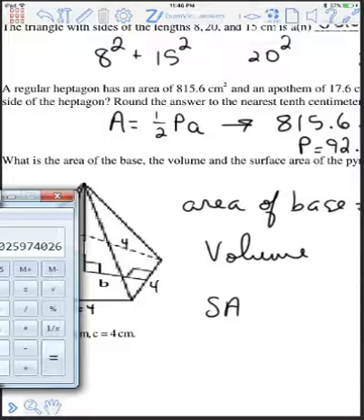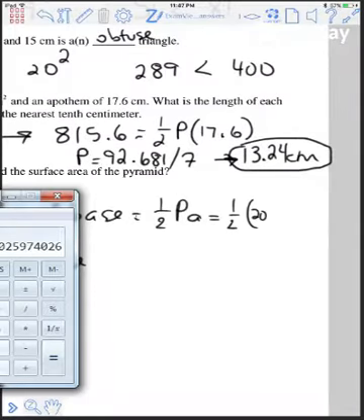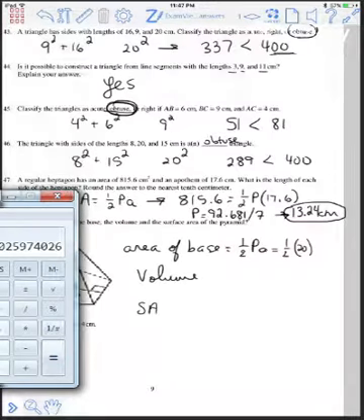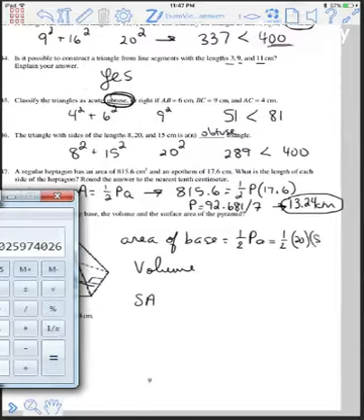So there's 5 sides, all of length 4, which means the perimeter is 20. And then the apothem given here for B is 8 centimeters. So half 20 is 10, 10 times 8 is 80. The area of the base is 80 square centimeters.